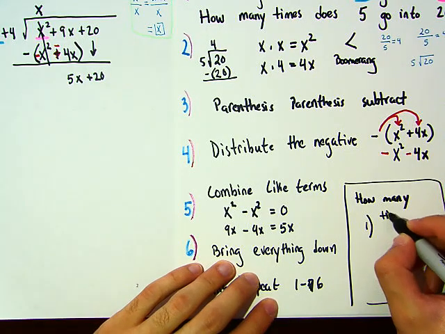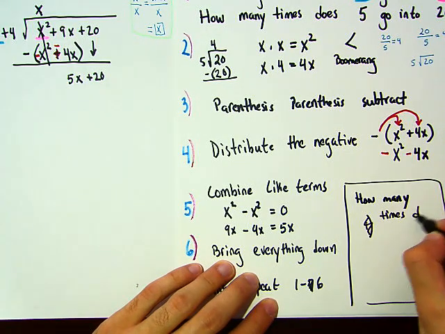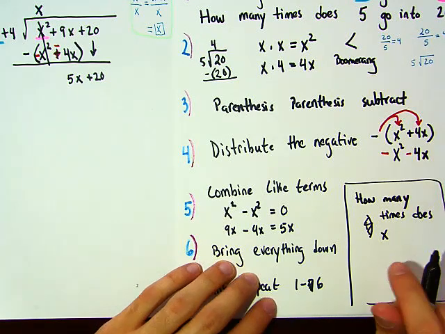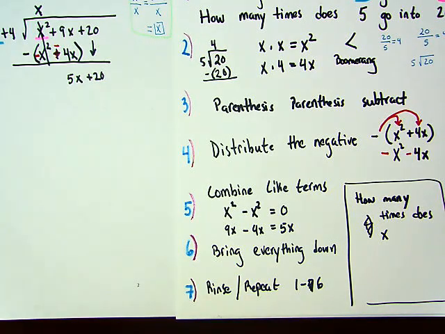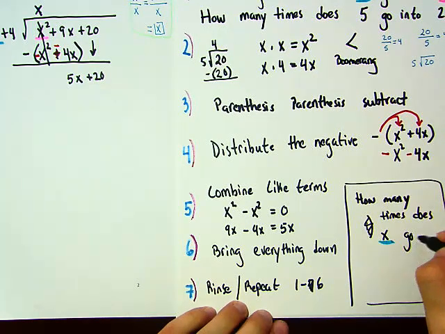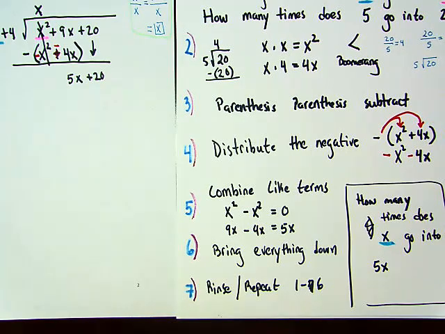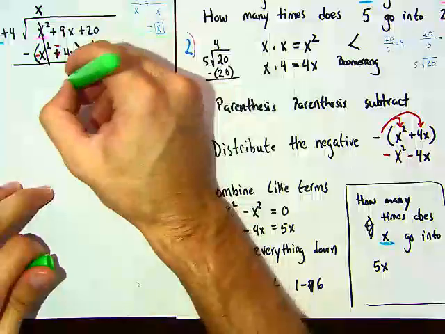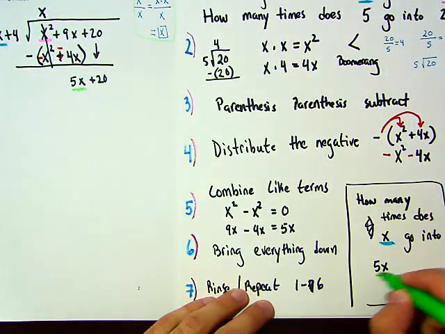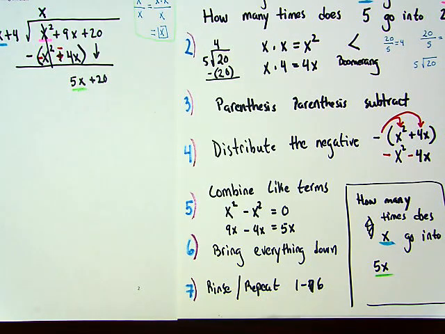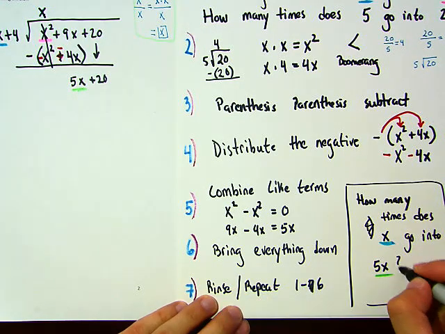How many times does x, so we're going to say that this x over here go into 5x. And when I'm talking about 5x, I'm talking about this 5x, right? Okay? How many times does x go into this 5x, right?